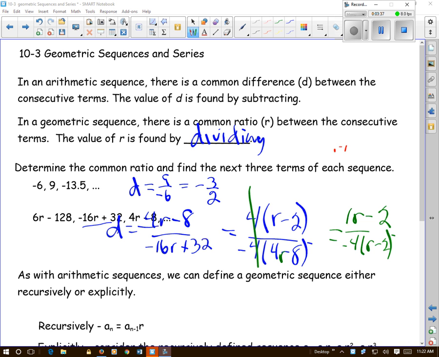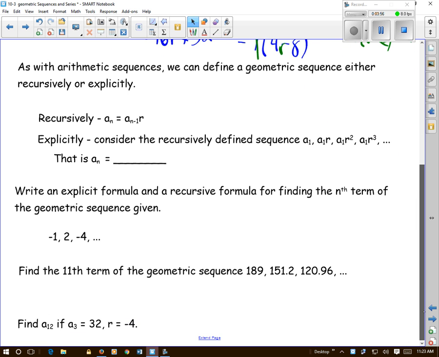At that point, we have another canceling, but this time we cancel the r minus 2's, so we have -1/4 as the value for r. So pretty simple to find the value of r.